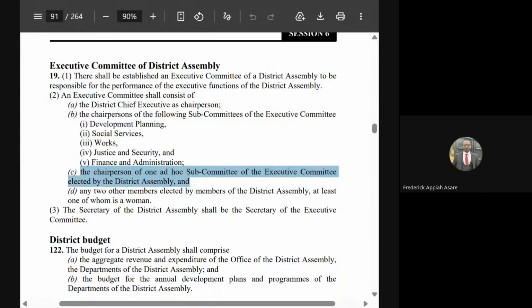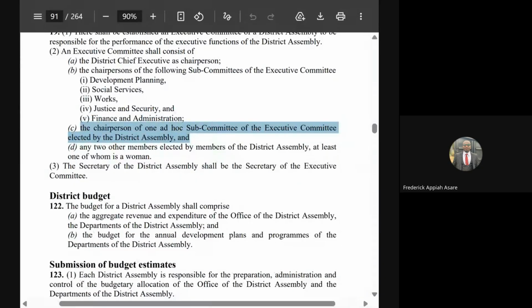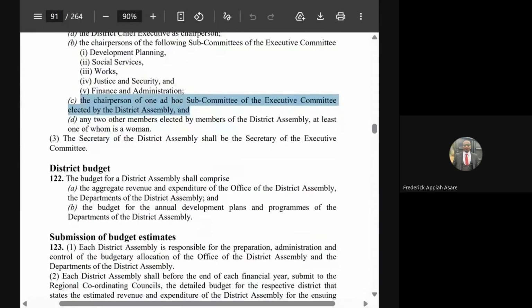So for instance, during the previous administration, there was a committee set up to tell us why the exchange rate was going like that. We consider such a committee an ad hoc committee because it is not part of the general or normal committees that we set up in administering the administrative work of the country.